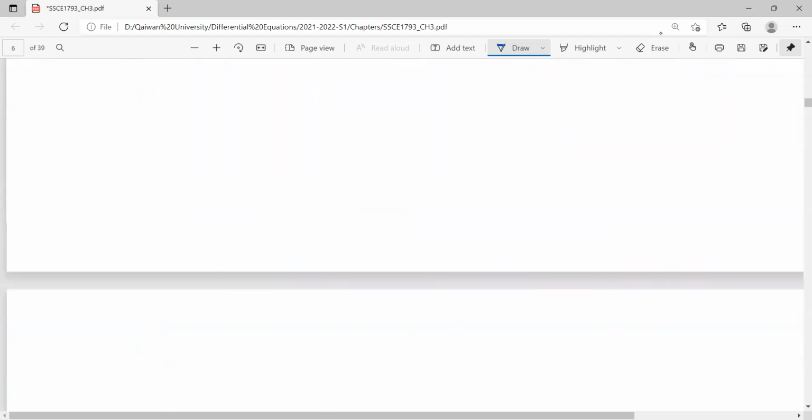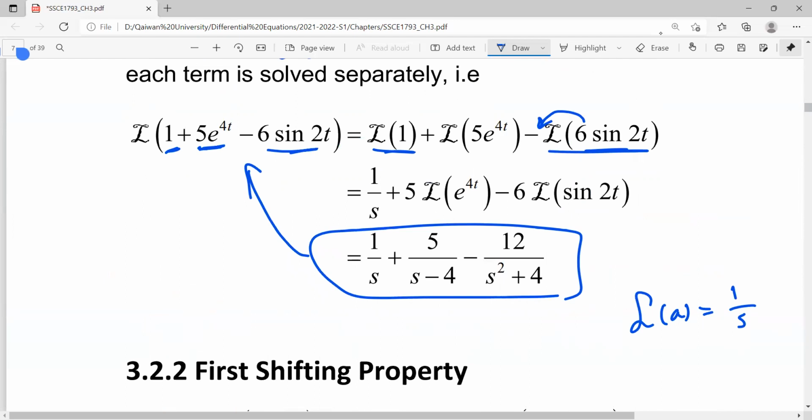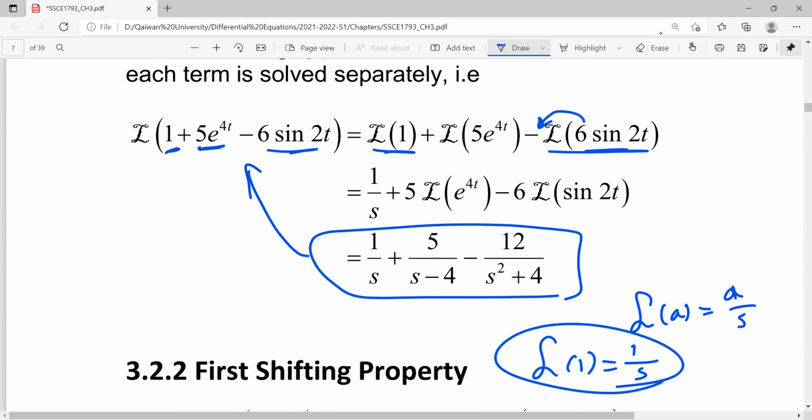Yeah, it's a over s. I got confused. You should memorize them. It's a over s, and here a is 1. So the Laplace transform of 1 is 1 over s.